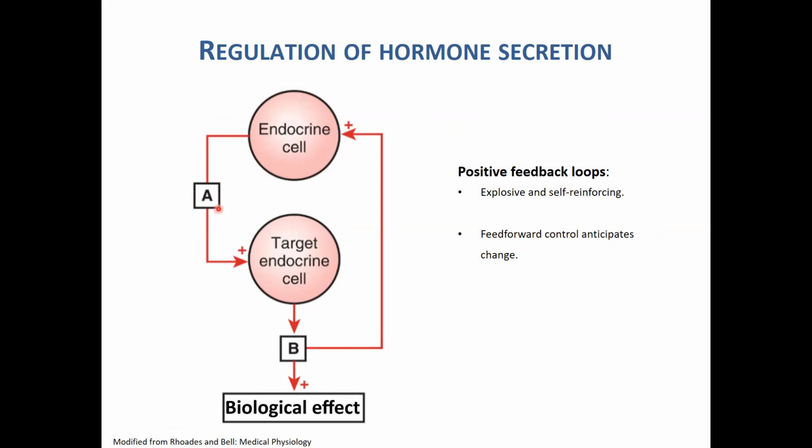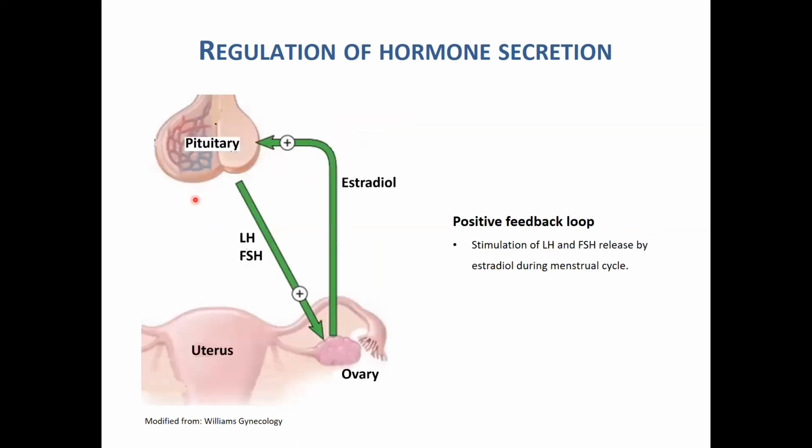It produces a hormone A, which acts on the target endocrine cell to produce hormone B. Hormone B may have a biological effect, but it also feeds back on the endocrine cell to produce more A. And the best example of that is the feedback of estradiol back on the pituitary gland to increase luteinizing hormone and follicle-stimulating hormone secretion. And this is required for the rapid rise in these two hormones during the menstrual cycle.